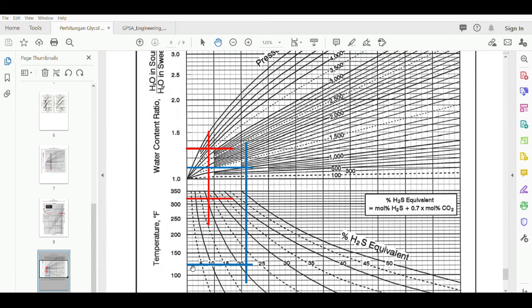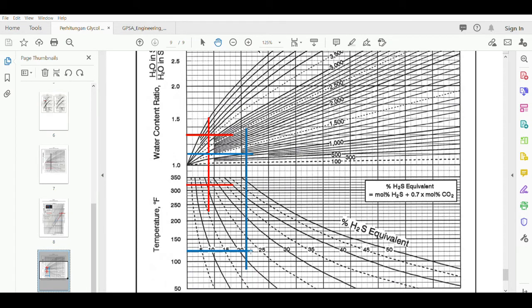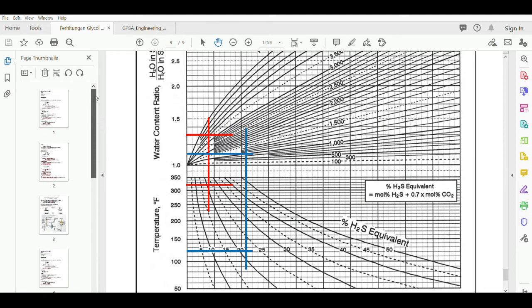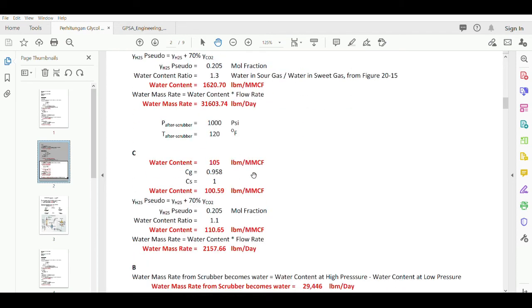If you see 120 degrees Fahrenheit with around 20.5, go up, and then to the left we end up at 1000 psi, 1.1 of water content ratio. So we go to water content ratio 1.1. Okay, and the water content is 110. So the mass rate is 2,250 pound mass per day.